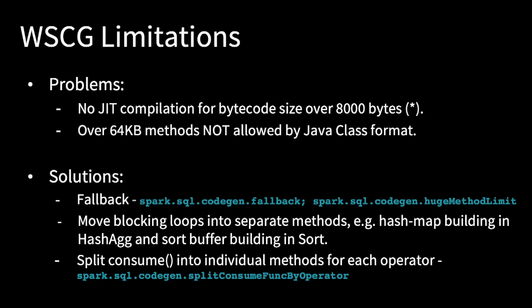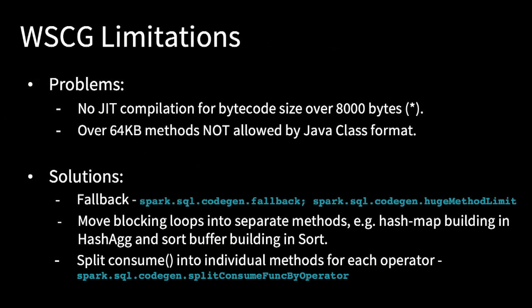One of the major problems is that in the HotSpot JVM of Oracle JDK or OpenJDK, once the bytecode size of a method goes above 8,000 bytes, the JIT compilation will be disabled, which sometimes makes it even slower than the old iterator model execution. The other problem is that the Java class format does not allow methods over 64 kilobytes at all.